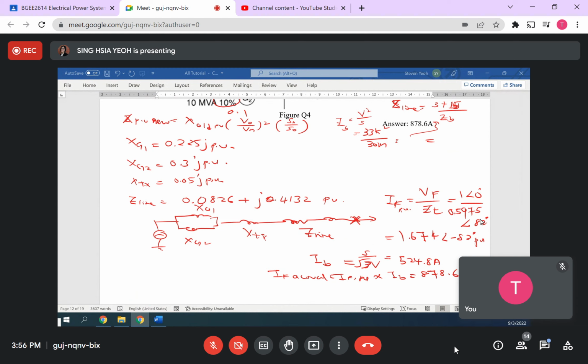My PU method, I include resistance. Yeah, including resistance, I get 0.5975. How come it's different? How come you get 59.75 if you are not including the resistance?